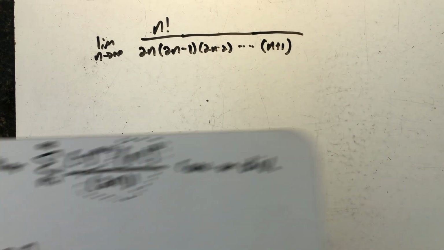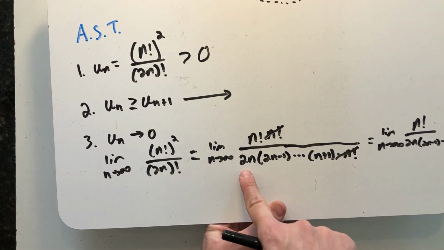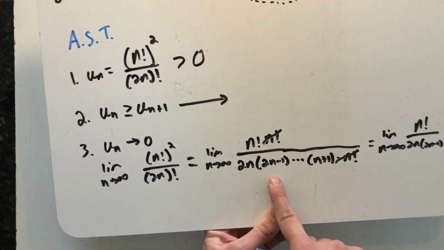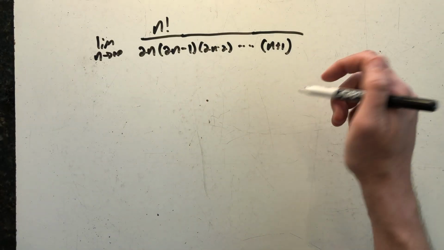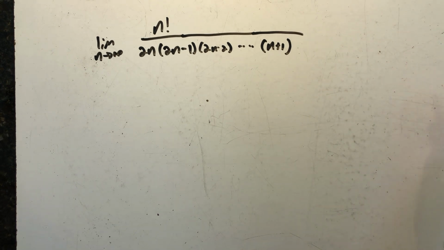Now, that bottom started off as a 2n factorial, so that would have originally gone 2n times 2n minus 1, all these things, and then also included n times n minus 1, all the way down to 2 times 1.